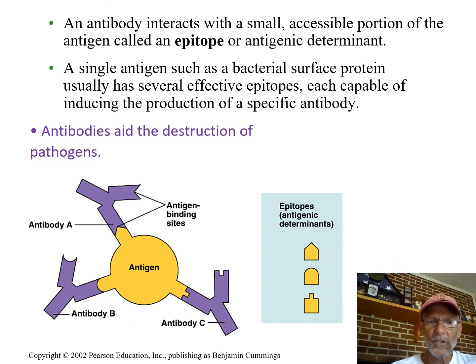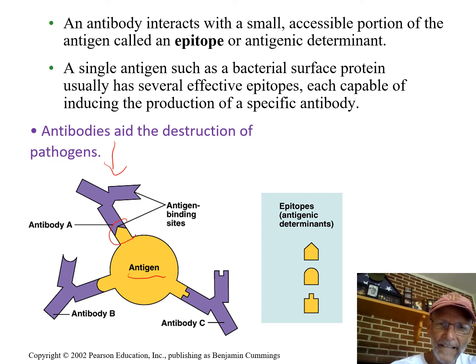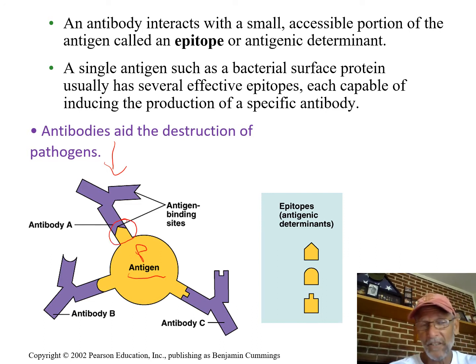Antibodies aid in the destruction of pathogens by attaching to them. Let's label this the pathogen, the bad guy, like a bacteria cell or a virus. When antibodies stick to them, why do they stick? Their specific shape. Notice that this bad guy has several different antigen shapes, which increases our chances of being able to fight against it.